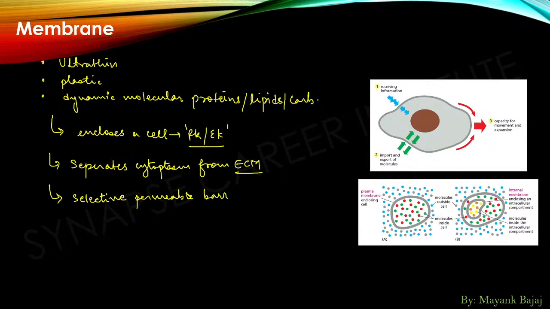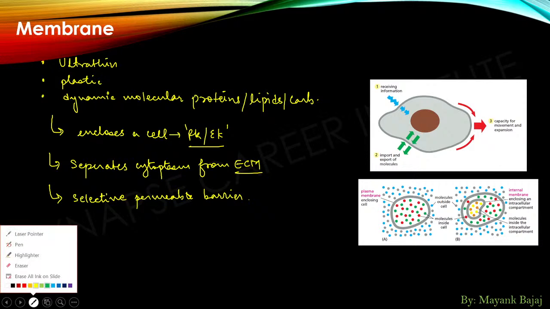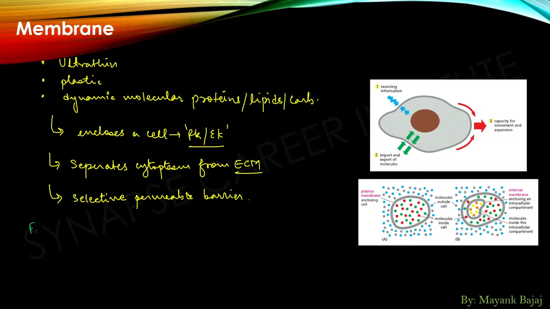And it performs various roles, right? It has various functions. Some of the basic functions of the plasma membrane are that they act as receptors, right? We will be dealing with how membrane proteins are involved in receptors, how they function in cell signaling, the signal transduction event.